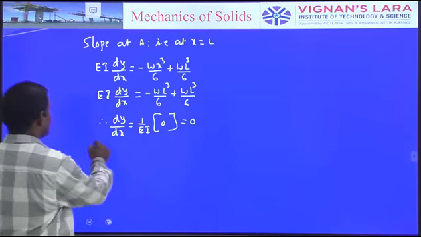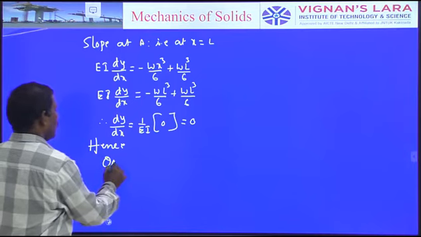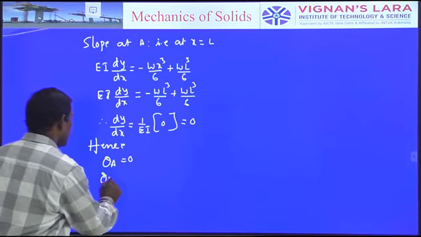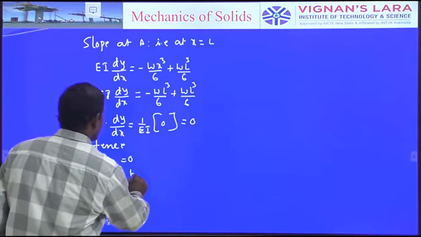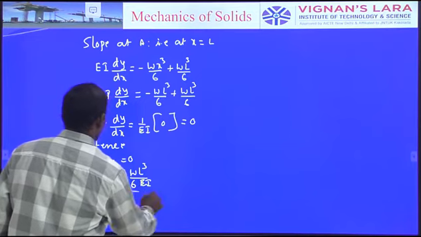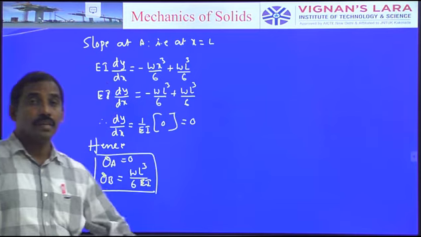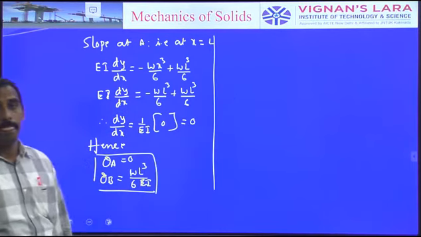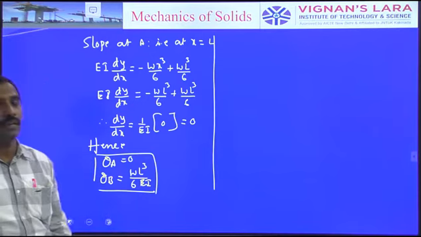Hence theta A is equal to 0, that is, the slope at A is 0, and the slope at B is W L cube by 6EI, which is the maximum. So this is the procedure to calculate the slope at any section for a cantilever beam subjected to a uniformly distributed load over the entire span.